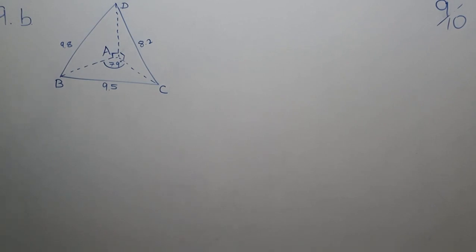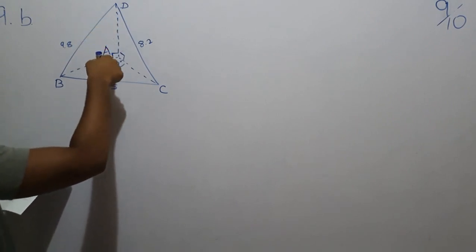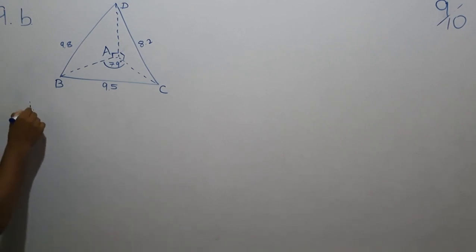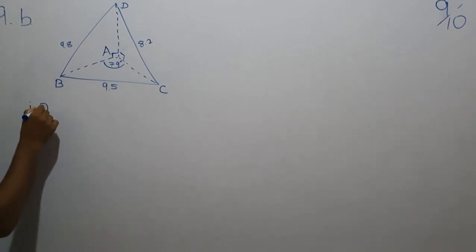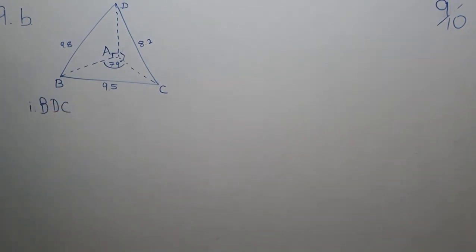CD equals 8.2 centimeters. BAD and BAC are 90 degrees. Calculate BDC. What they need is Roman numeral 1, BDC.